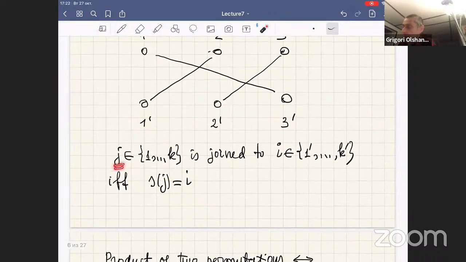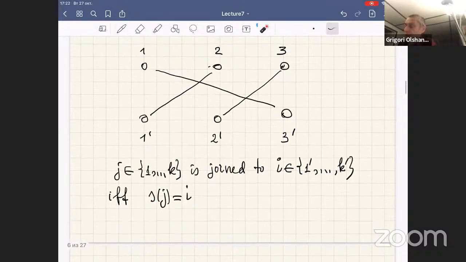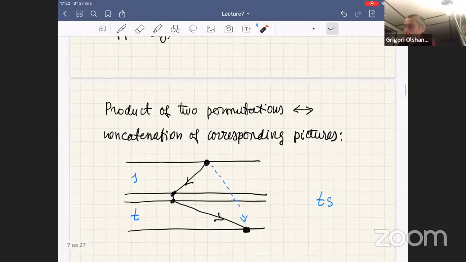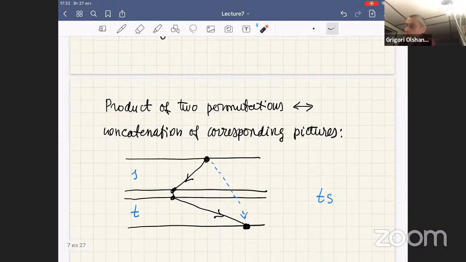This index j is joined to some index i if and only if the image of j by a given permutation S is equal to i. So think of this level as that of j indices and this level as that of i indices. In this notation, the product of two permutations reduces just to concatenation of the corresponding pictures.